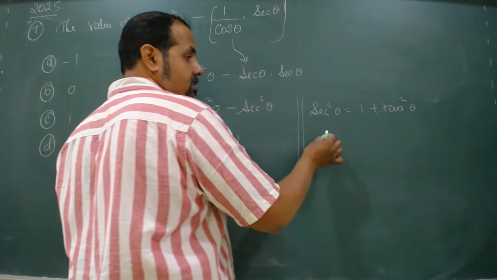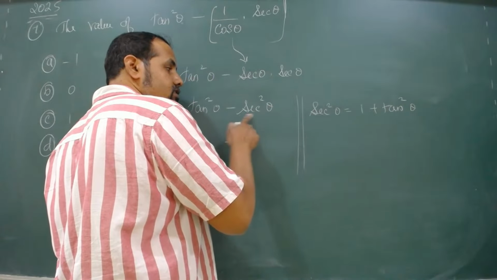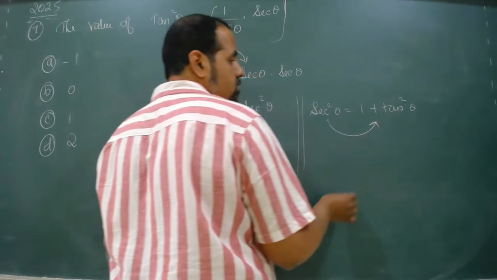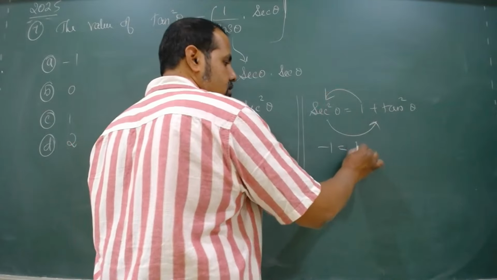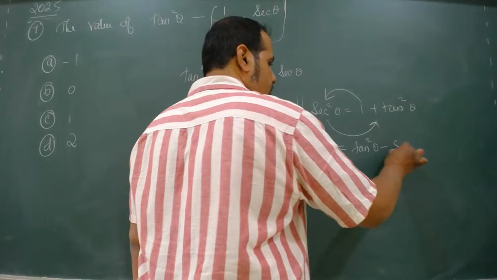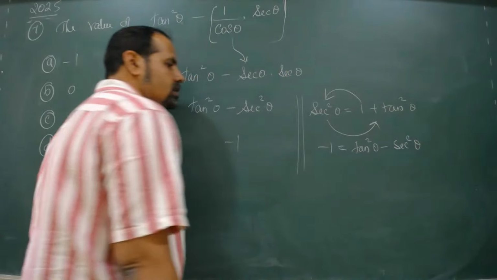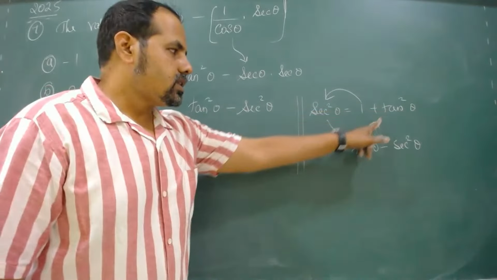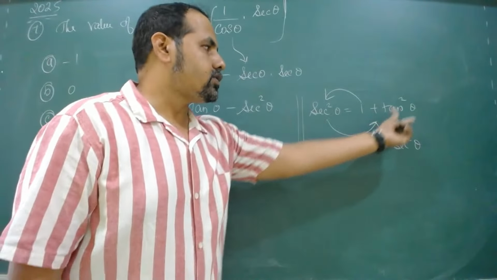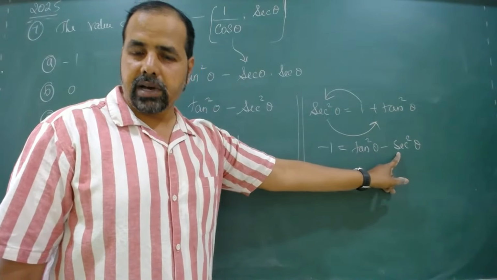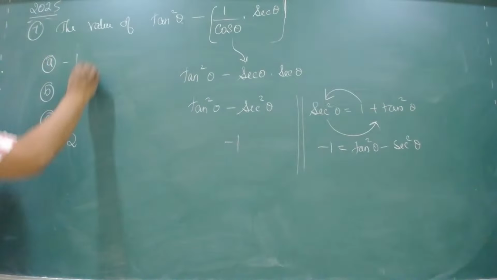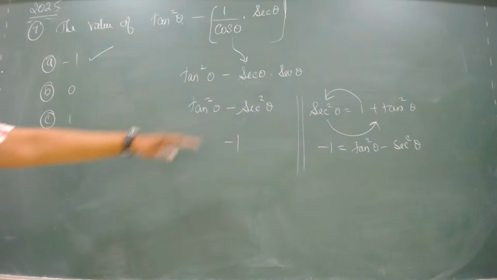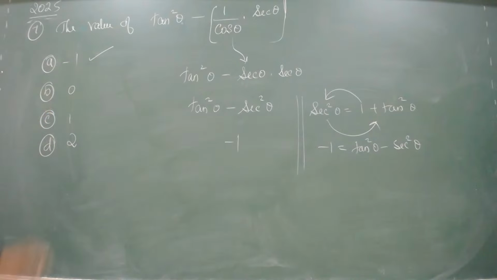Here we have sec square theta with a minus, which has to be shifted towards the RHS, and 1 has to be shifted towards the LHS. So on transposing, we get tan square theta minus sec square theta is equal to minus 1. Therefore, tan square theta minus sec square theta is minus 1. Option A.